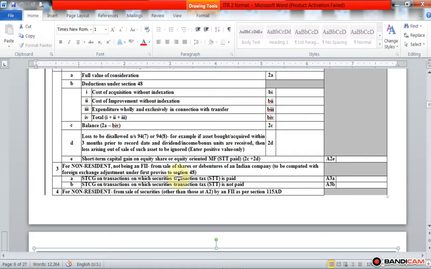So we take the loss into consideration here, and we add the loss to the value of balance equity shares. Then we get the short-term capital gain on equity shares or equity oriented MF, STT paid. STT means securities transaction tax, paid by such assessee.